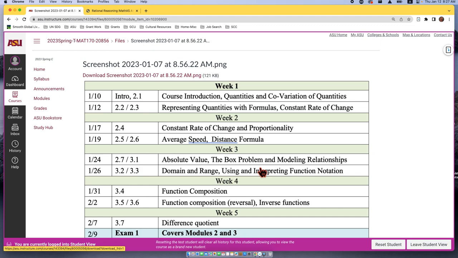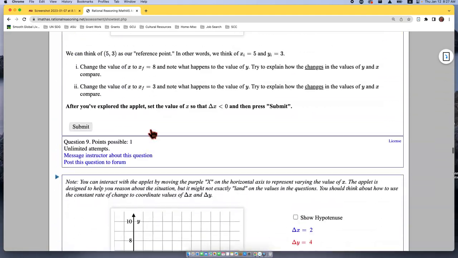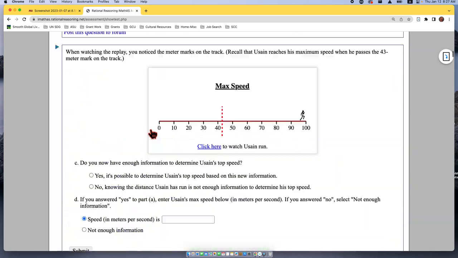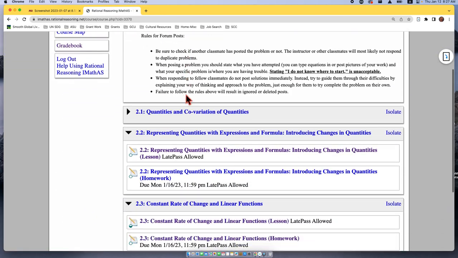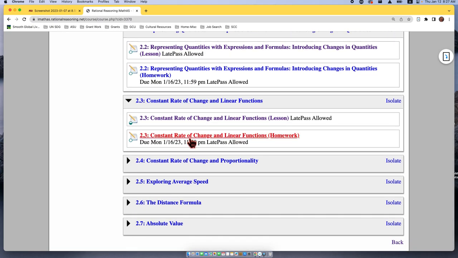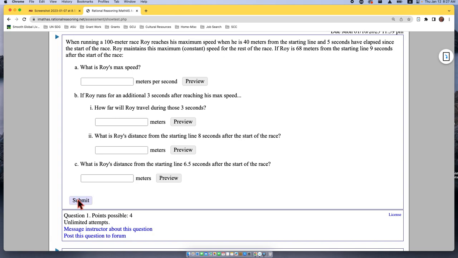For saving progress on lessons, do we have to save some? I think you have to at least submit by question. Let's give it a quick try. If I put in answers and I don't submit this, it won't automatically save.